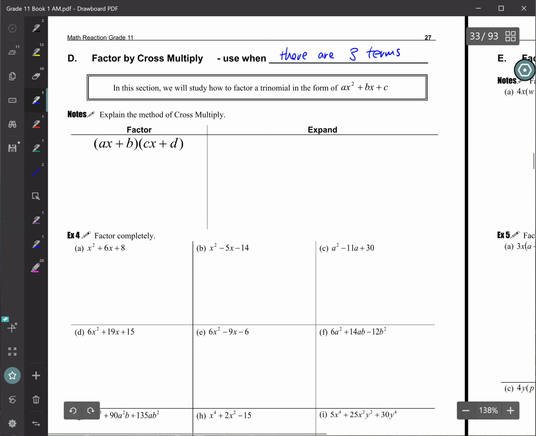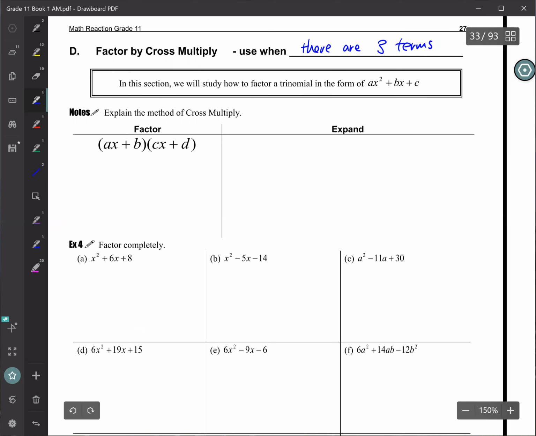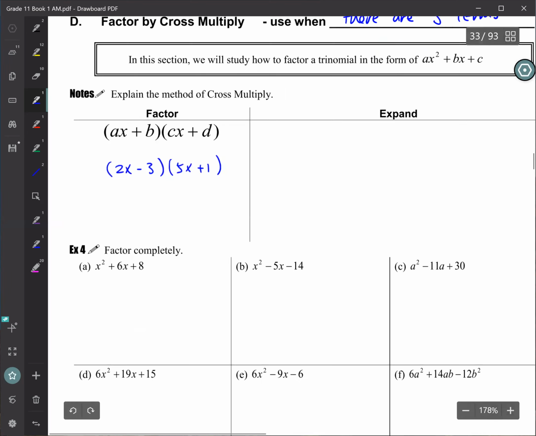So I will explain the cross multiply method, if some of you forgot how to do it, with an example. Let's say we have 2x minus 3, and the other one is 5x plus 1. I just made up random numbers. So these two are the factors.